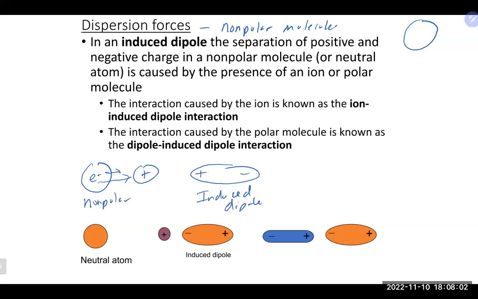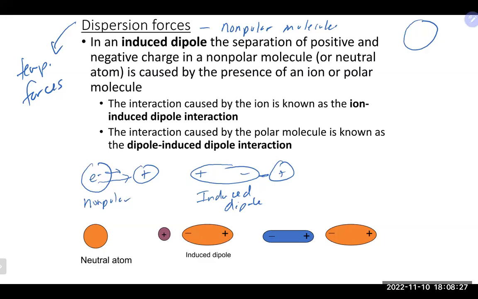And now that it temporarily has shifted its charge, it now has the ability to interact with that positive ion. Dispersion forces are pretty much temporary charges, temporary forces. They cannot really maintain their attractive forces over a long period of time.